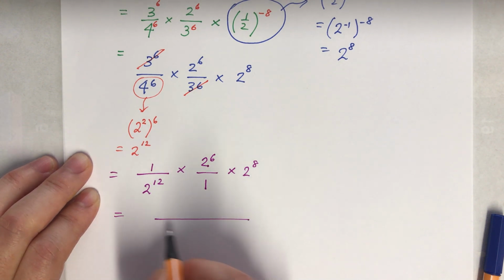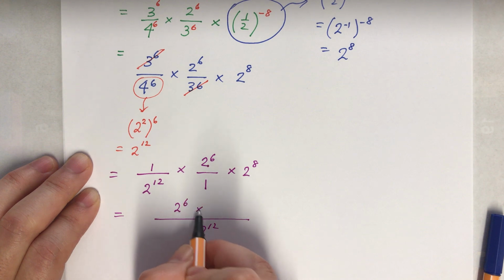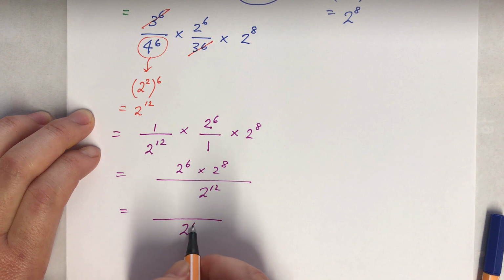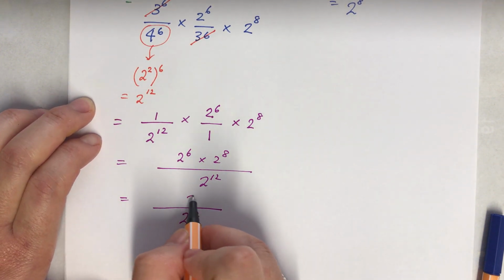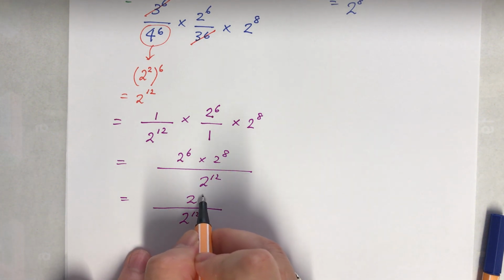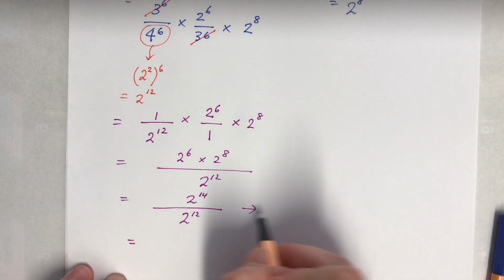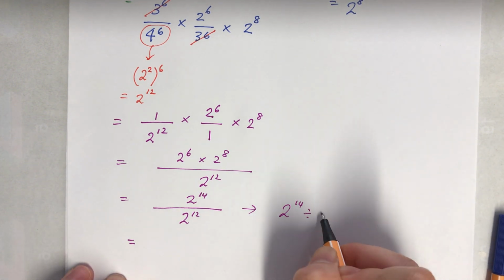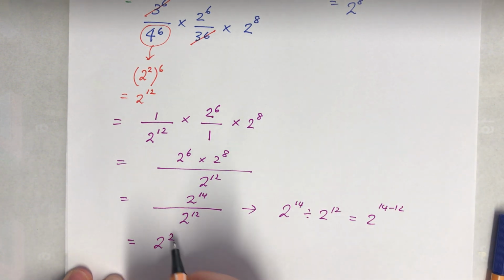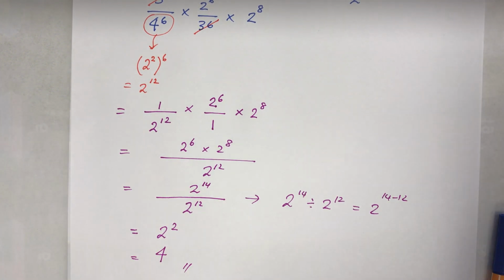So what happens here is that they're all the same, isn't it? So I'm going to go 2^12, 2^6 times 2^8. I mean, you don't really have to do it this longer way, but I'm just going to show you. So what is it? 2 to the power 6 plus 8, so 14. We do, remember, 2^14 minus 12, 2 to the power of 2, which is 4. Excellent. Well done, guys.